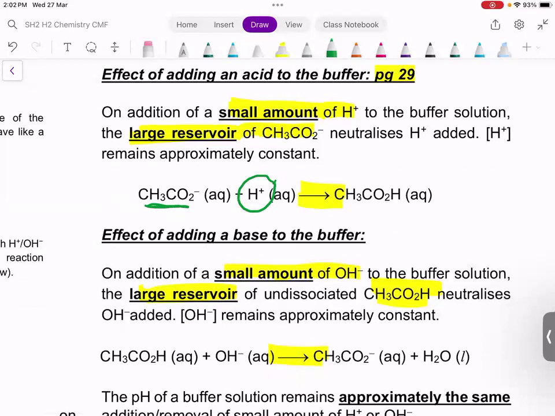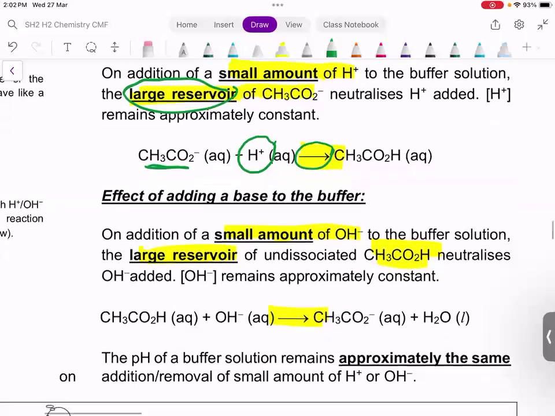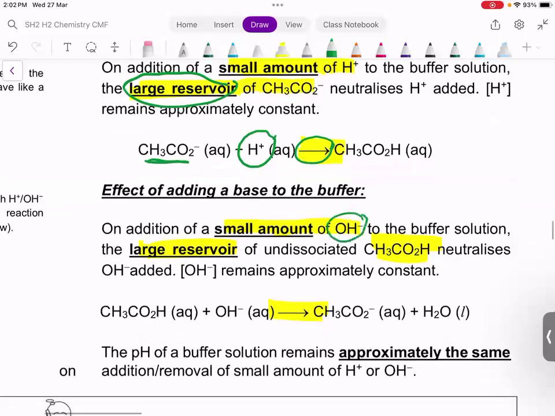Because there's a large reservoir here, it's a complete removal. Remember what I said? All acid-base reactions must be full arrow. This is the acid-base reaction, and there's no water involved in this transfer. So, same thing, when you add a small amount of OH minus to the large reservoir of the weak acid, it is also a full removal.